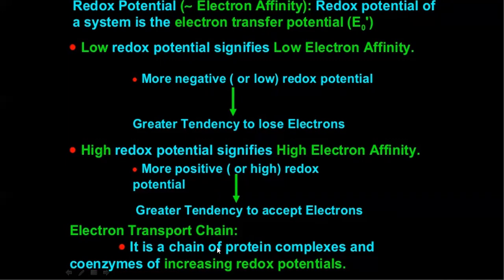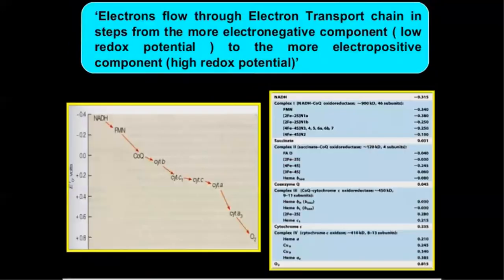In the electron transport chain, these two types of components are present, and electrons will be transported from low redox potential components to high redox potential components, which will be explained in the later slides. So this is the picture. Here it is indicating the electron transport pathway.